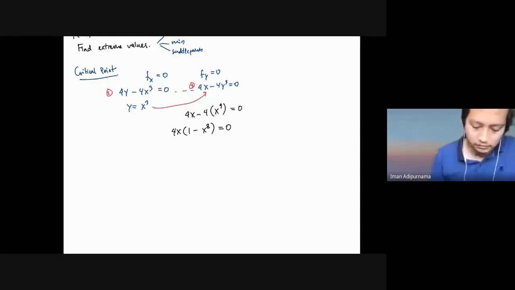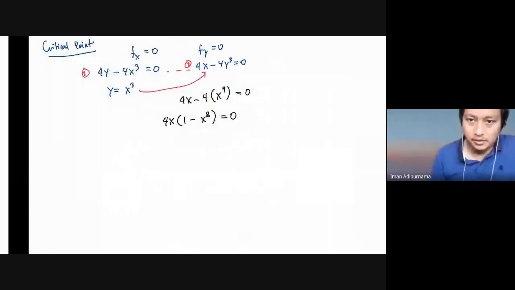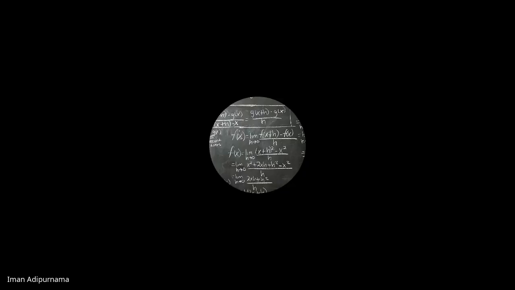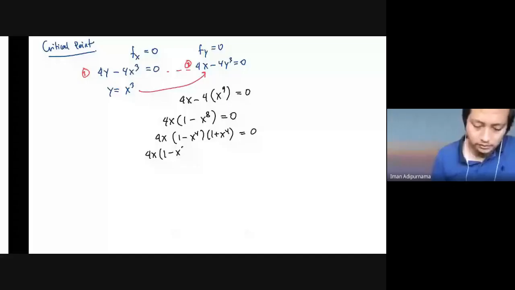Now what are we going to do next? Because it's power of 8, we can treat this as a quadratic, so we can factorize, and we can factorize one more, right?